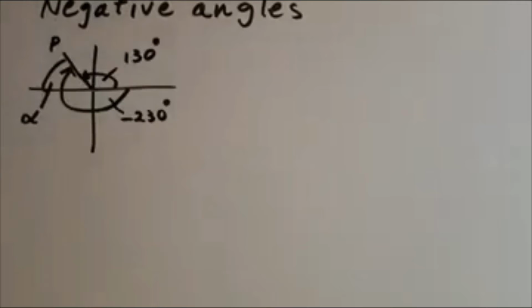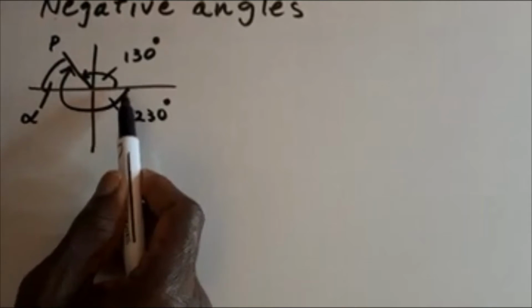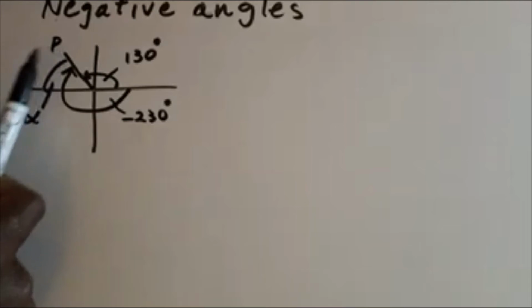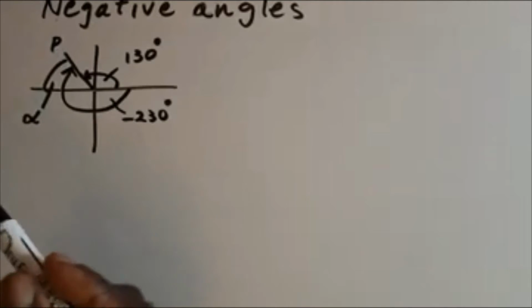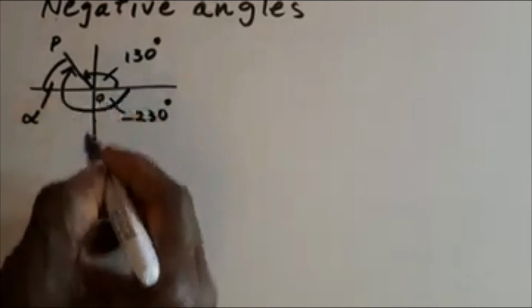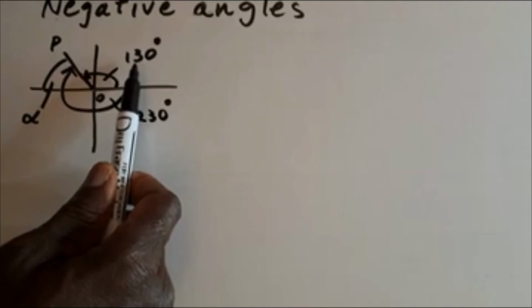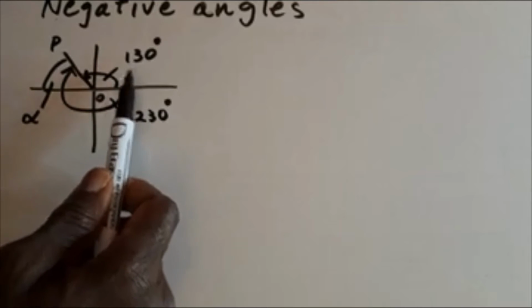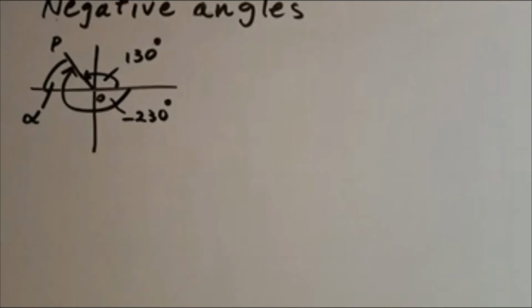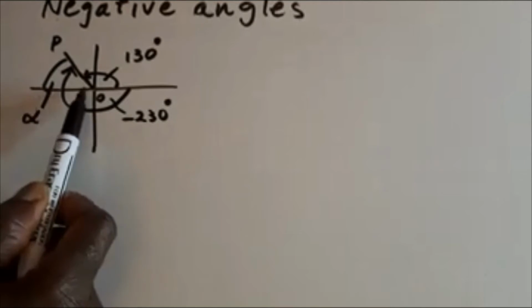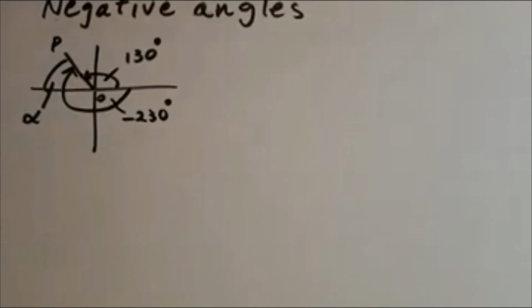Right, here's our example of a negative angle. We have a rotation clockwise of minus 230 degrees to the point P, and this is the origin, and we have an anti-clockwise rotation of 130 degrees also to the point P. Alpha is this angle here made with the negative x-axis.